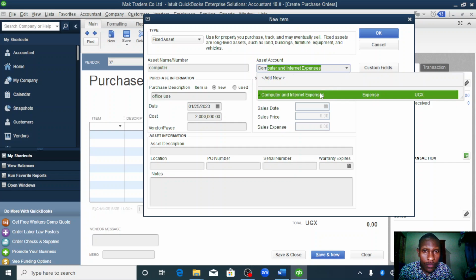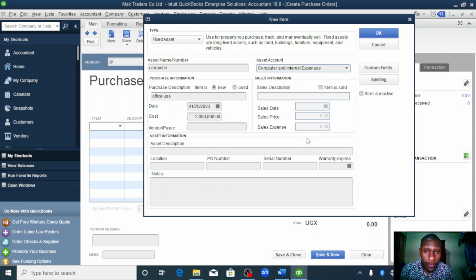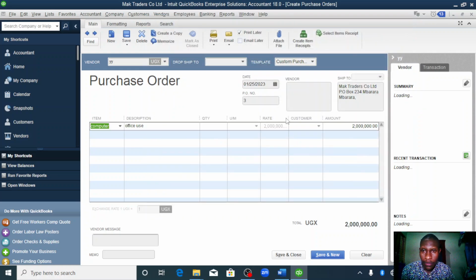Computer and internet expenses. We add it there. We click on OK. Then we save and close.